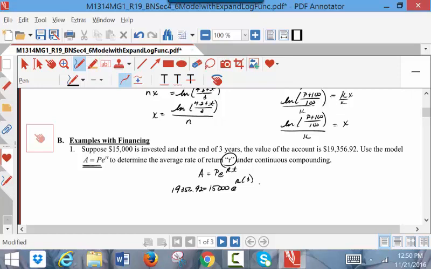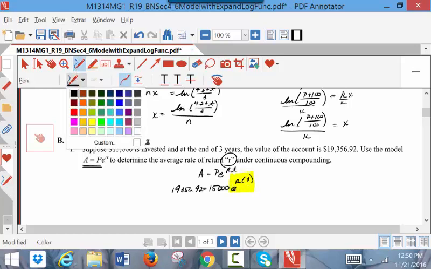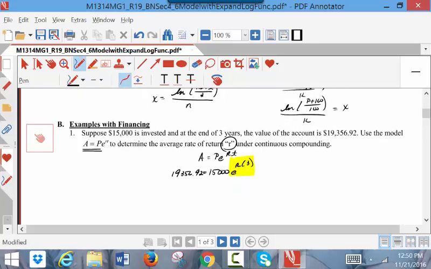So just as with those examples above, we need to isolate this e to the exponent term so that we can take the natural logarithm of it and pull that variable out of the exponent. So what we're going to do now is divide both sides by that 15,000 to get that exponential term isolated.